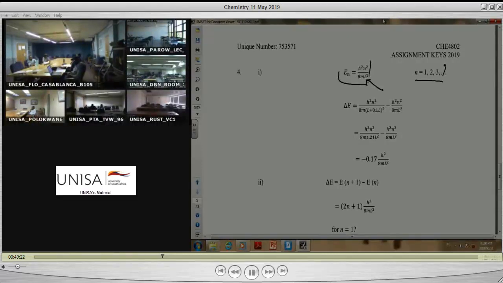So this here is the same as E final minus E initial. We increase the length by 10%, which means 0.1 times L plus L. So once we've resolved this, we take this whole thing outside.